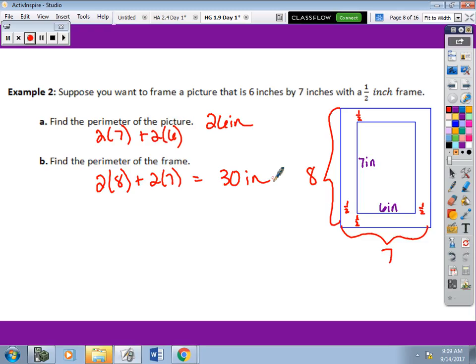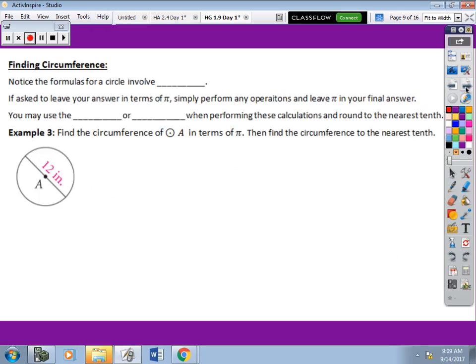All right, now circumference, you're going to see that pi in our formulas. All of the formulas for a circle involve that pi feature. So if you were asked to leave your answer in terms of pi, which you'll do a lot this year, you just leave the pi in your answer. For example, if I told you that the radius was 5, and I asked you to find the circumference, you would plug in 5.